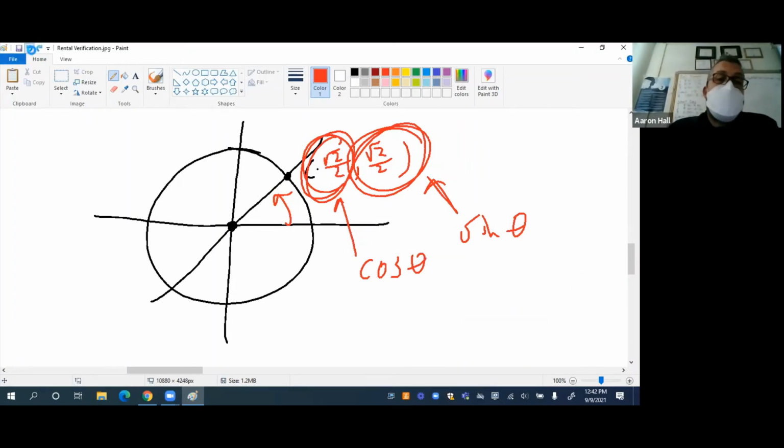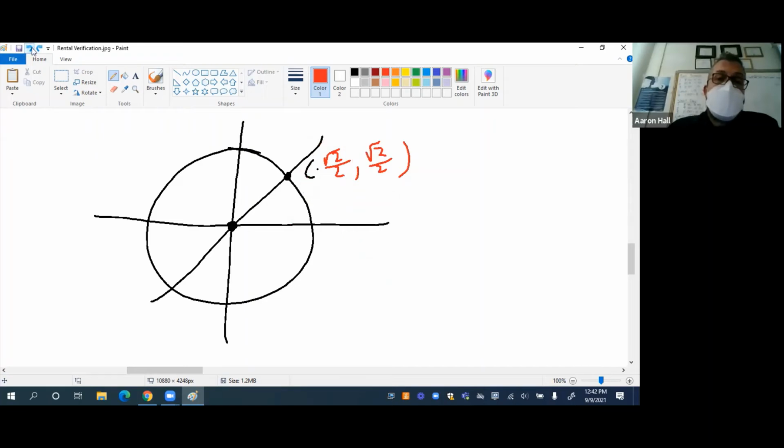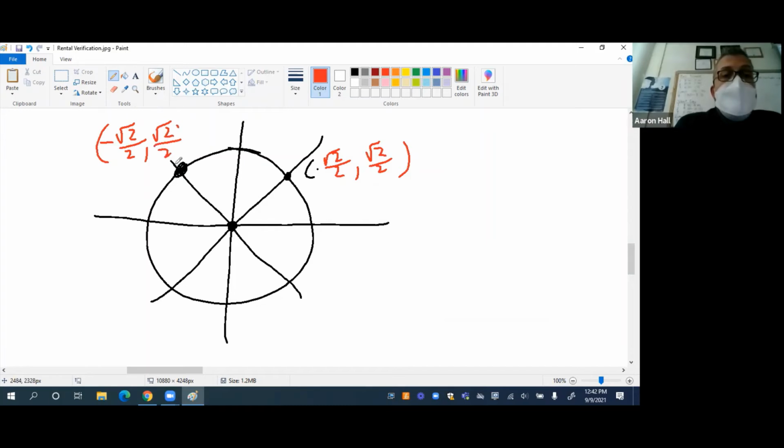All right, let's compare that to some other point. What would this point here be on the unit circle? Negative square root of 2 over 2, and then square root of 2 over 2. Why is this negative?